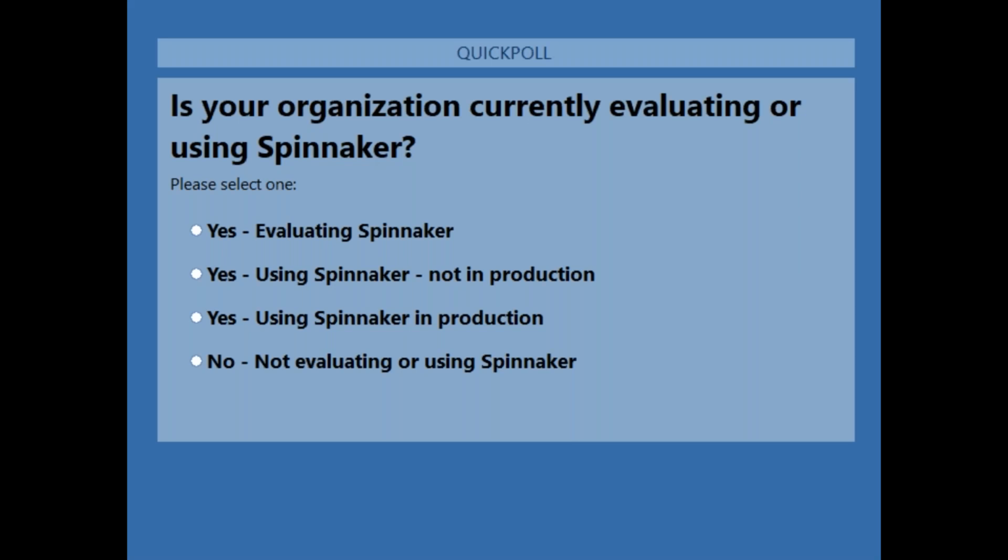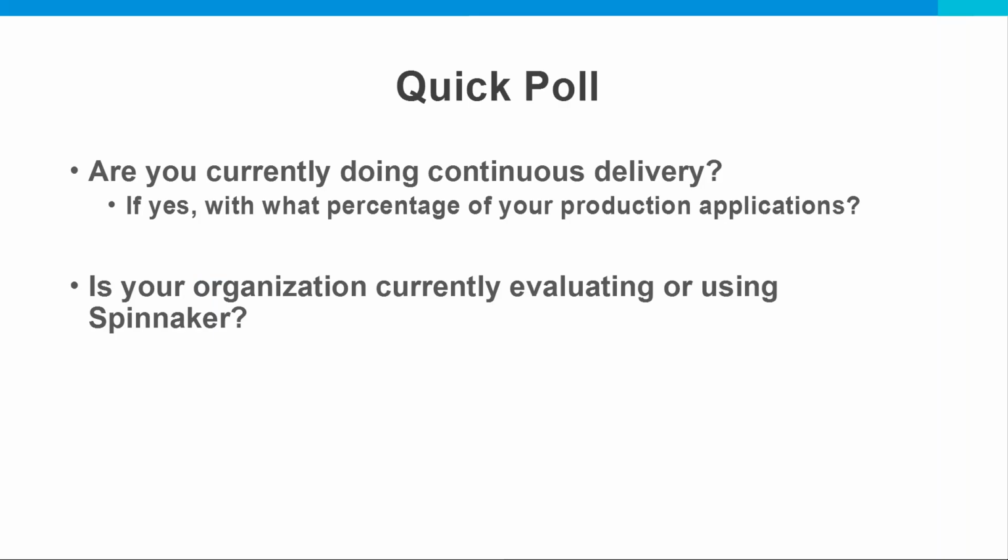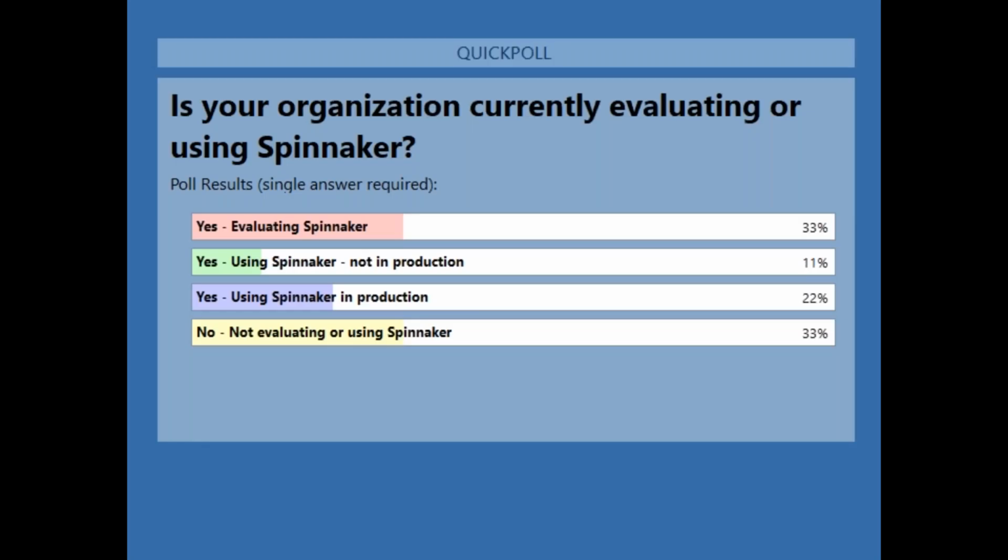We'll see who's in the audience, and then I'll turn things over to Srinivas, our speaker for today. People are still voting, but I'm going to close the poll in a few seconds. Okay, it looks like we've got a good distribution of people using Spinnaker and not using Spinnaker.